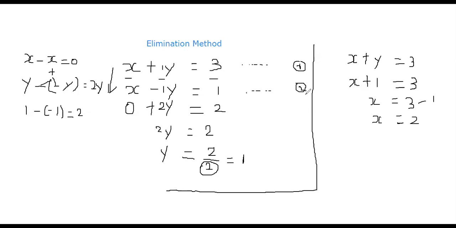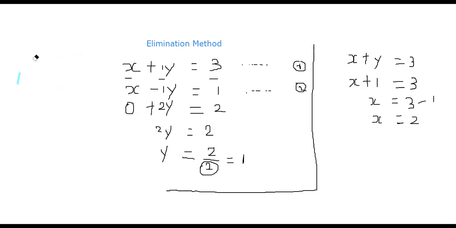So this is how we find for both of our variables. We find for y first, then we find for x. To know if our answer is correct, we substitute back the values that we get into the equation and see if it ends up with the value on the right hand side.